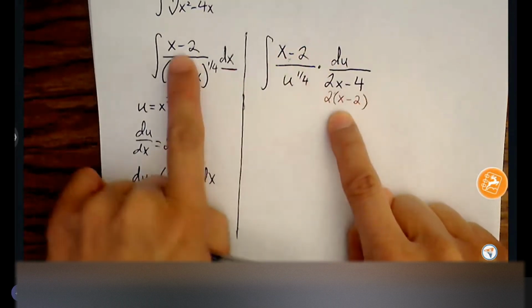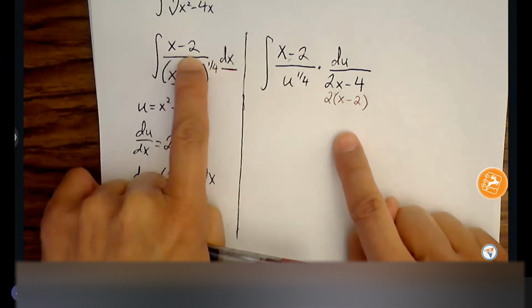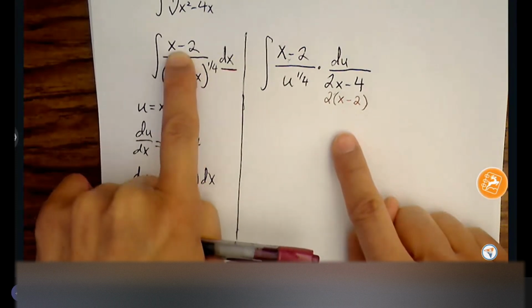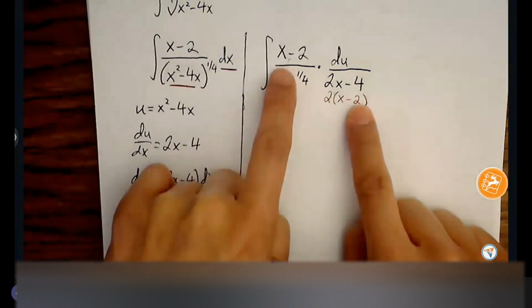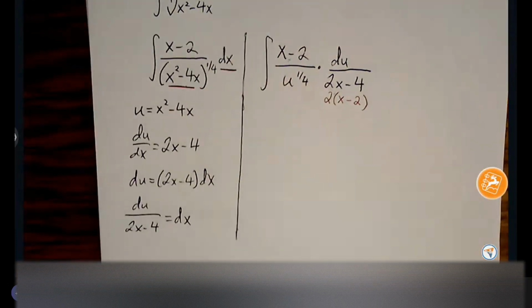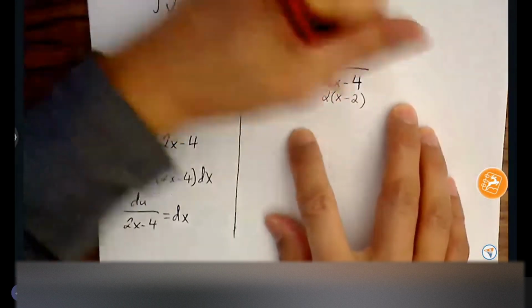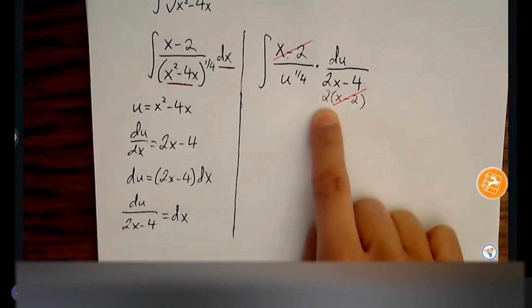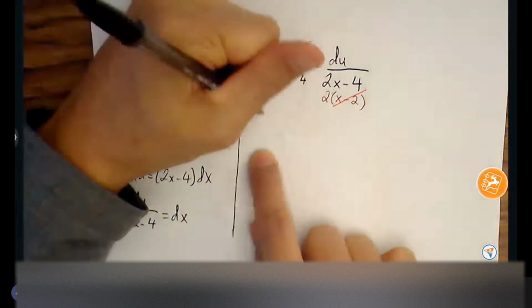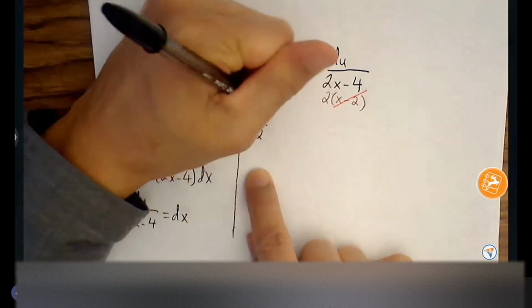So that was the hope: we didn't quite have something for that x minus 2, and we were hoping that our derivative would handle it. So this goes away, this goes away. There's a 2 left over. Push it out in front. That's 1/2.